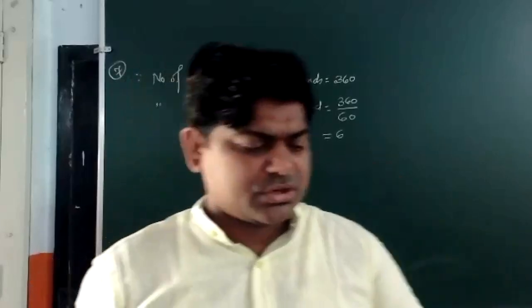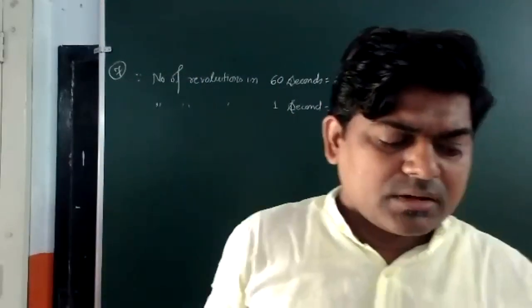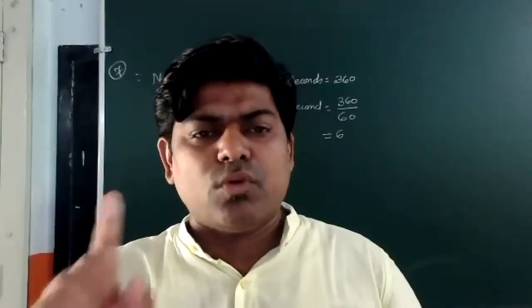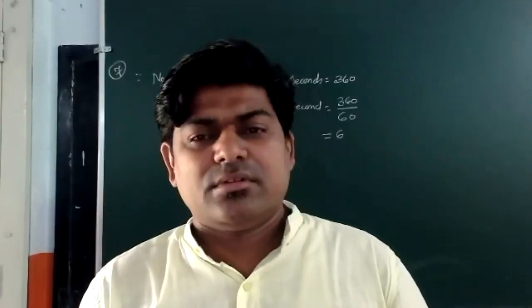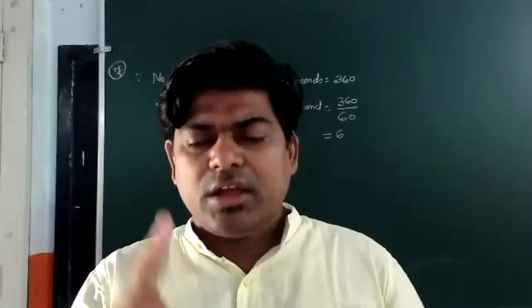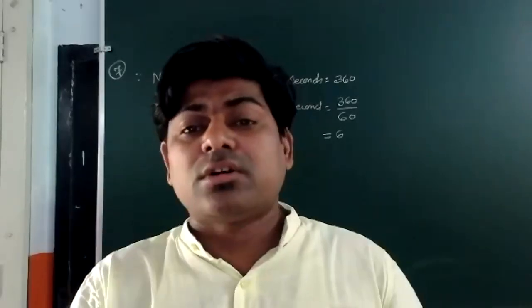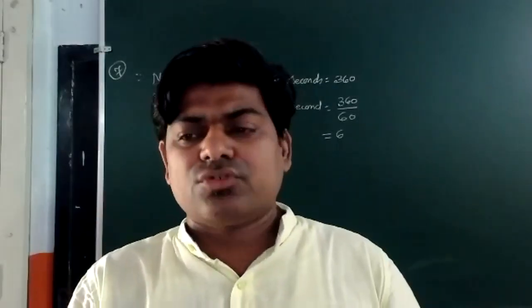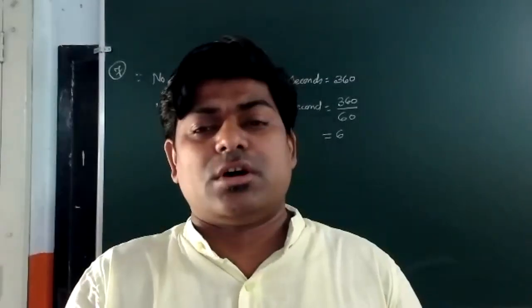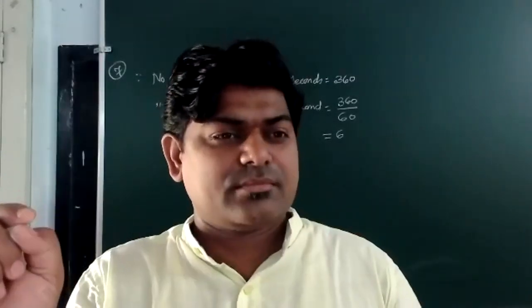Because the question has asked through how many radians does it turn in 1 second. So here we saw in 1 second it will turn 6 revolutions. So in one revolution, how many radians will it turn? That is 2 pi.